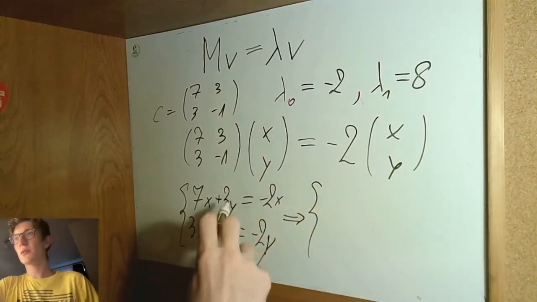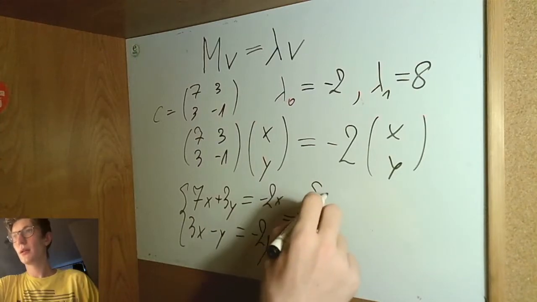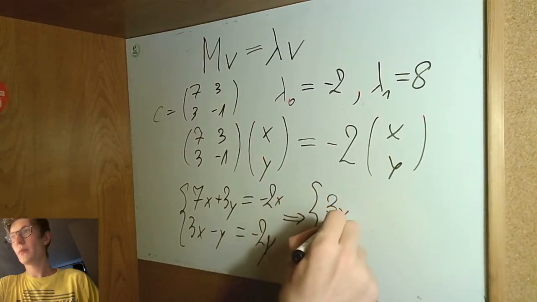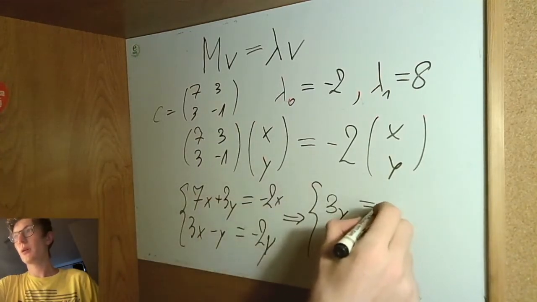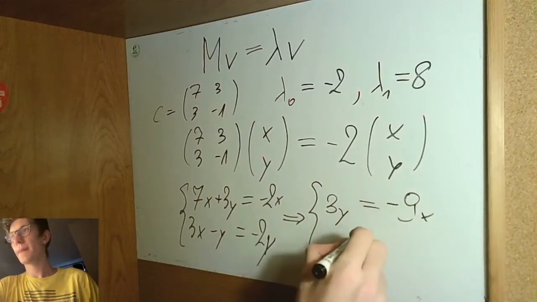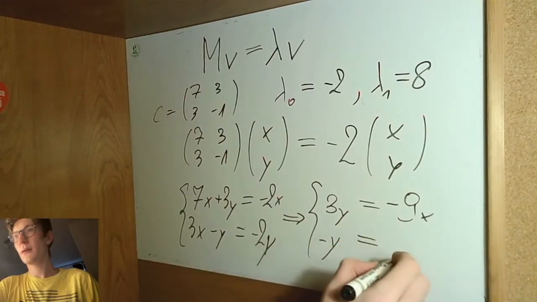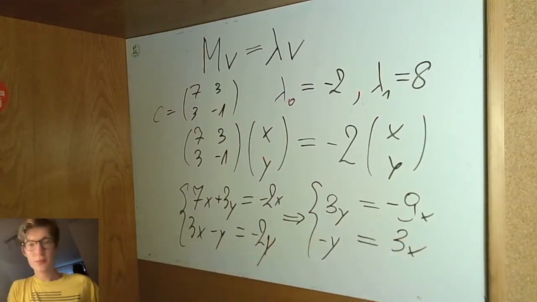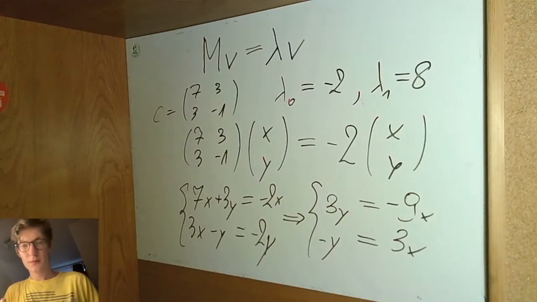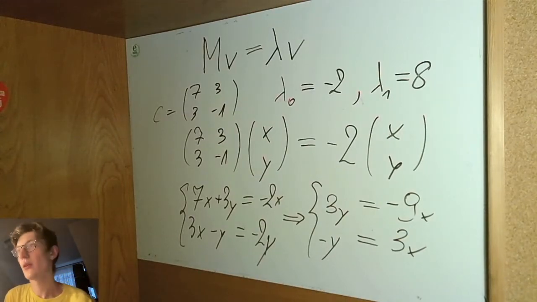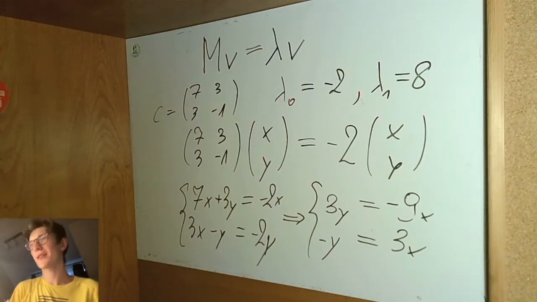And it turns out that 3y equals -9x, and here minus y equals 3x, right? So we see that any vector such that y equals -3x, right?